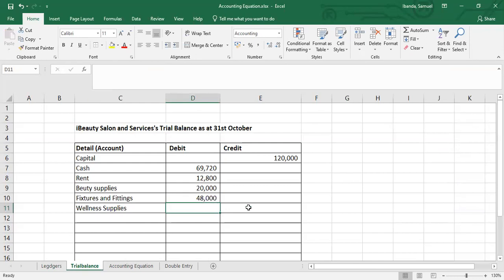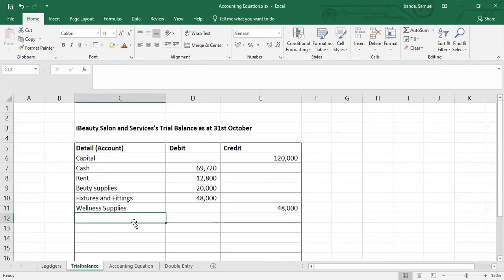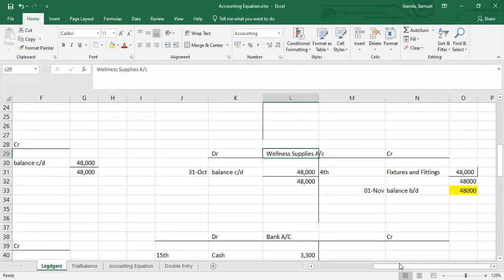This is 48. Now this will have a credit balance, and this is a liability. And remember, on our double entry, when liabilities are increasing, we credit them. So even their normal balance in the trial balance will be a credit. It's important for us to have that in mind.